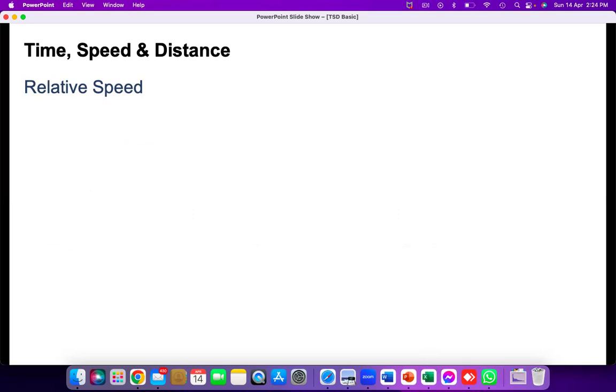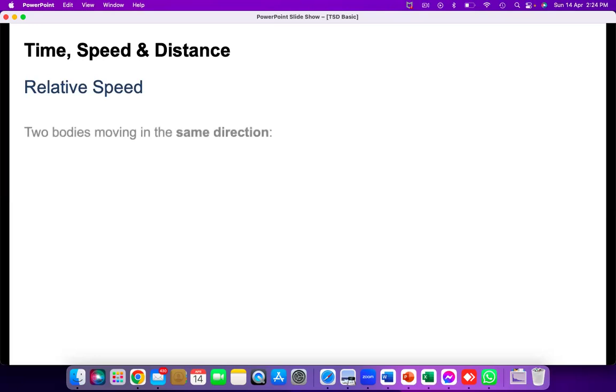Now, relative speed. Understand what is relative speed? Speed of one body with respect to another body is relative speed. Relative speed is an affair between two moving bodies. If there is only one object, then you will not talk about relative speed.